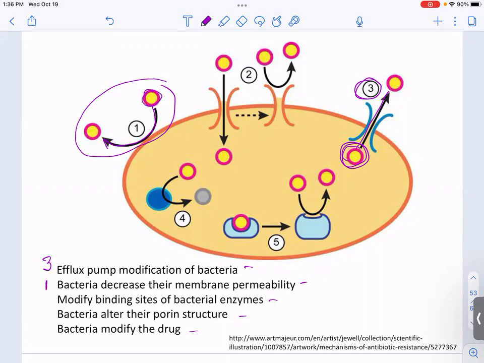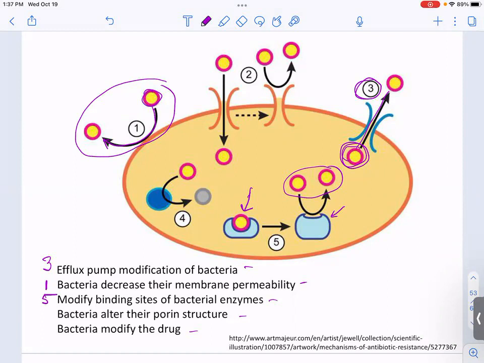So that's number 1. If we modify the binding sites of bacterial enzymes. Okay, so here it's showing the drug binding to some enzyme in the active site. And here that enzyme is modified so that the antibiotic can't bind anymore. Okay, so that's number 5.